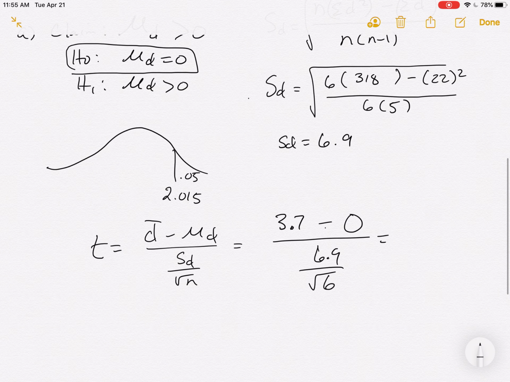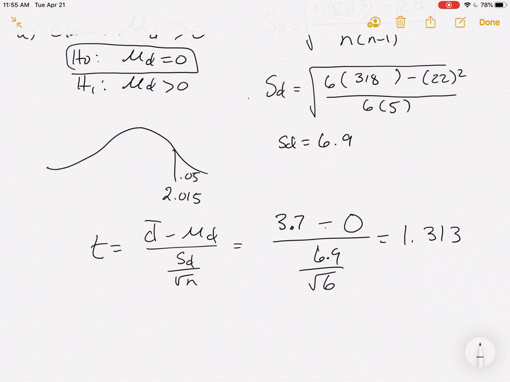And we're almost done. Now we take our 3.7, subtract away 0, and divide that by, in parentheses, 6.9 divided by the square root of 6. And what do we get out of that? We get a t-value of 1.313.